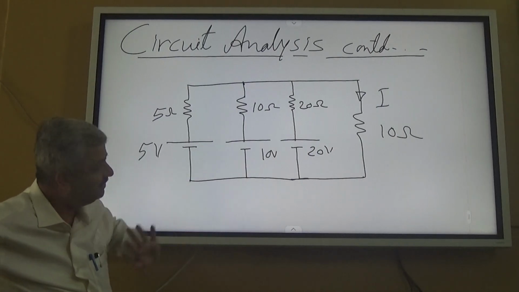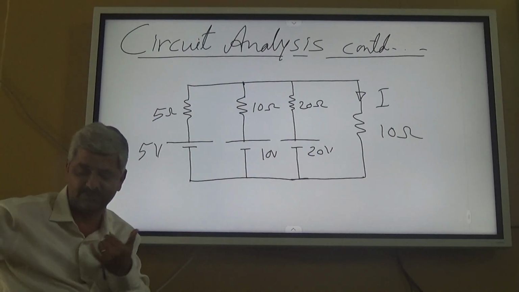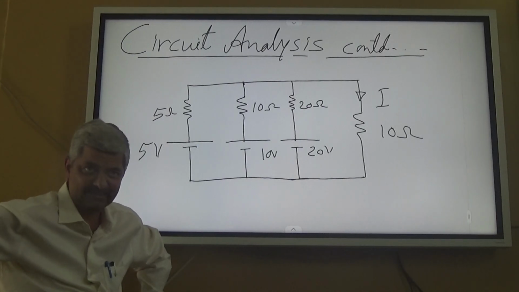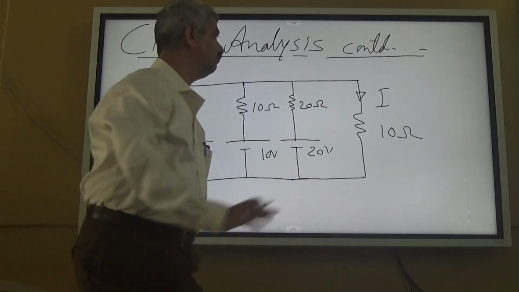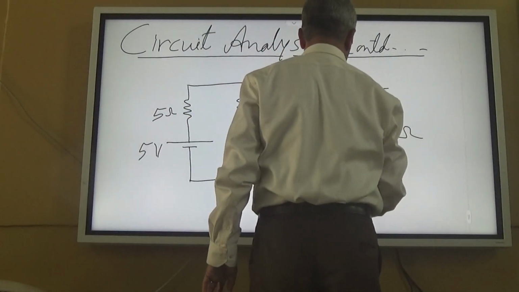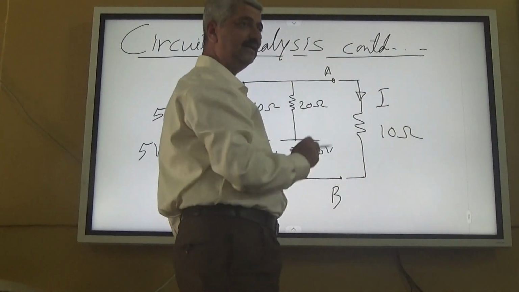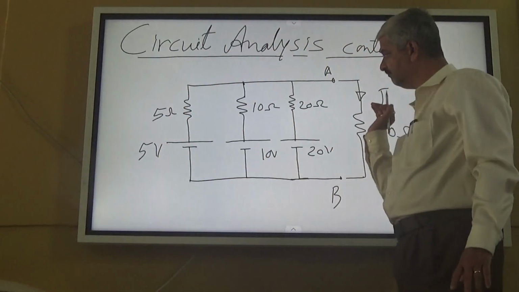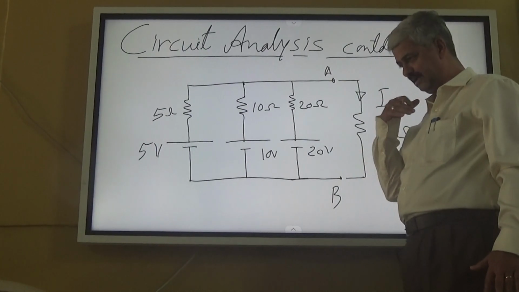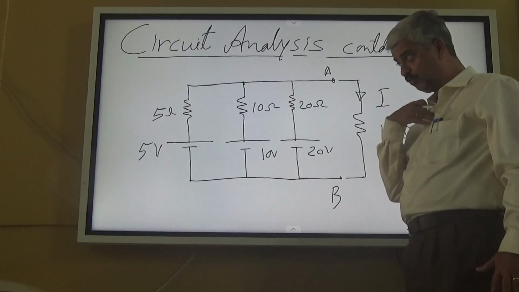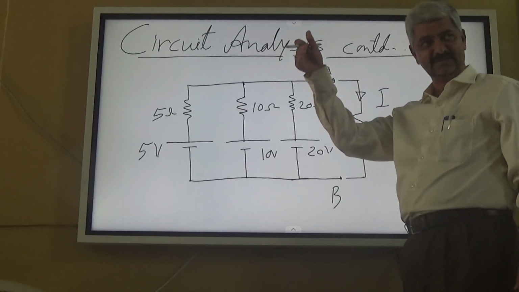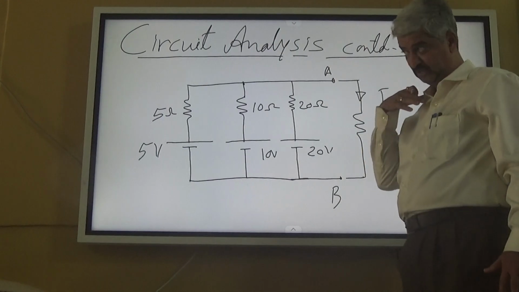So you can calculate it using various methods. Now if the question is asked, the best method is said to be Thevenin's equivalent circuit method. So what do we do? We disconnect it, have this point as A and this point as B, and then we look from this towards the circuit. I look towards the circuit, which consists of multiple sources and multiple resistances, with Thevenin's eye.